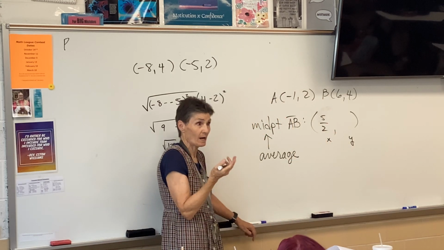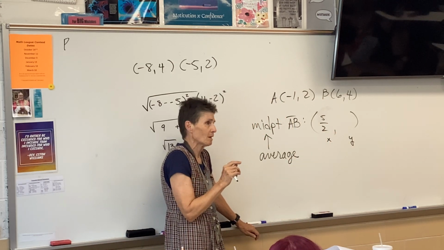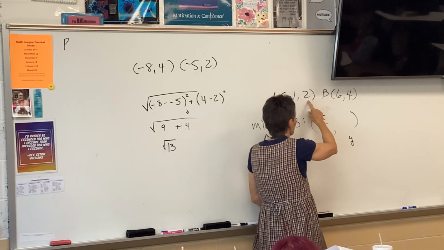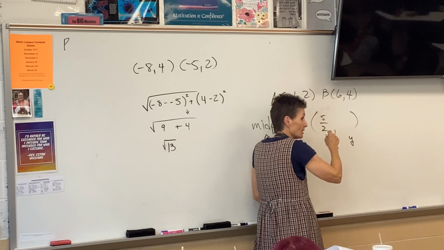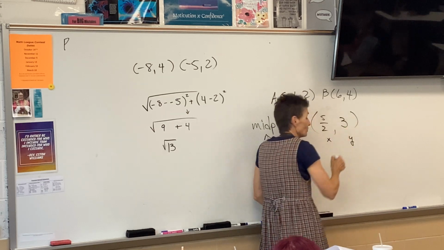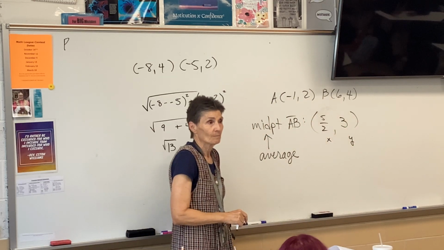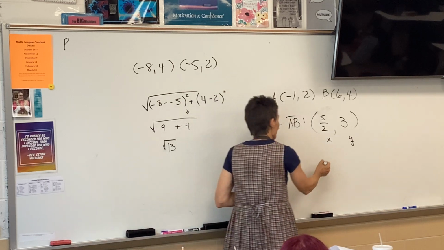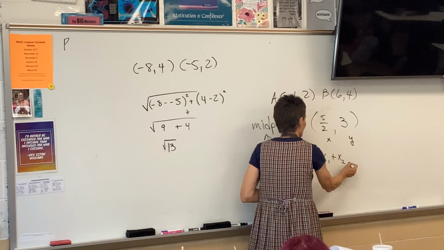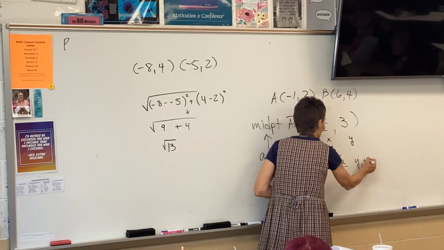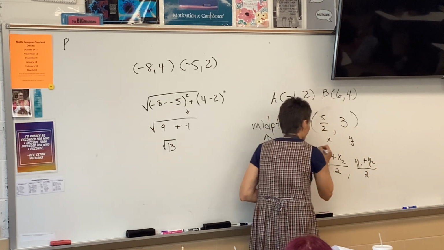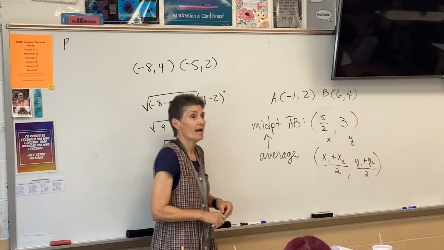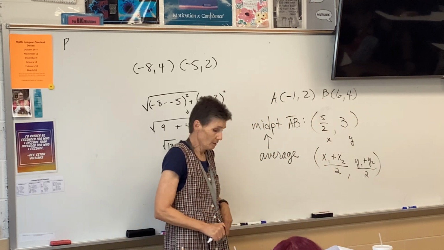If you like decimals, that's fine too, 2.5. And then what's my average y? 2 plus 4, 6, divided by 2. There it is. Now, those of you that like formulas, your midpoint formula is exactly what we just did. It's the average. Midpoint is average, the middle value.